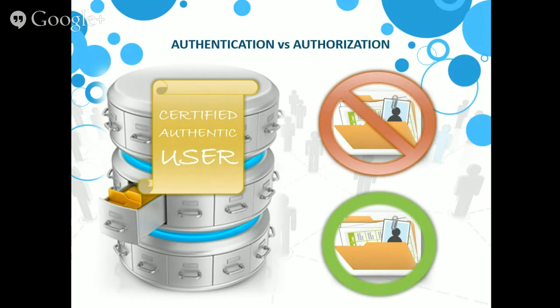An authenticated user does not have permission to access all of the objects. And in order to access an object, you must be authorized. Therefore, in order to access any object, you must be authenticated and authorized for that permission.